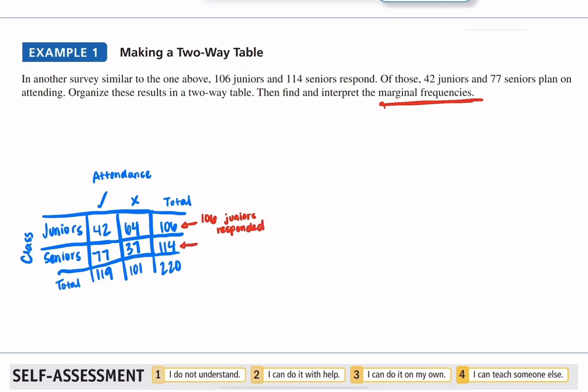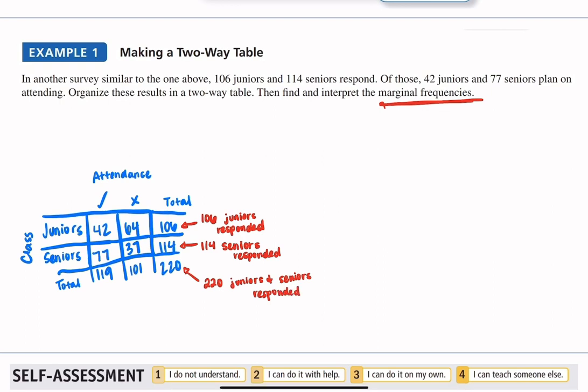This total goes with my seniors, so it means that 114 seniors responded. This is my full total, so it means that 220 juniors and seniors responded.